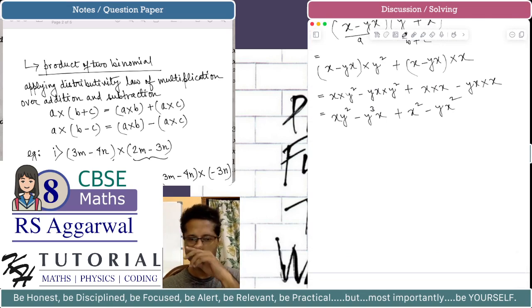A polynomial is an algebraic expression having two or three or more terms. So now let's discuss how do we find the product of a monomial and a polynomial?